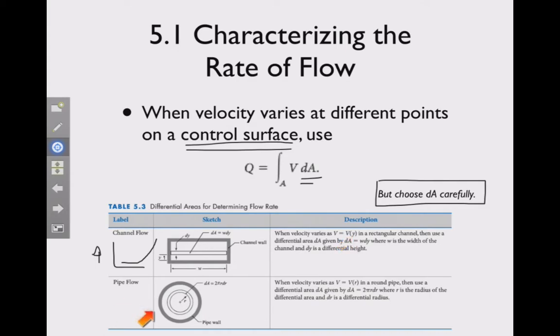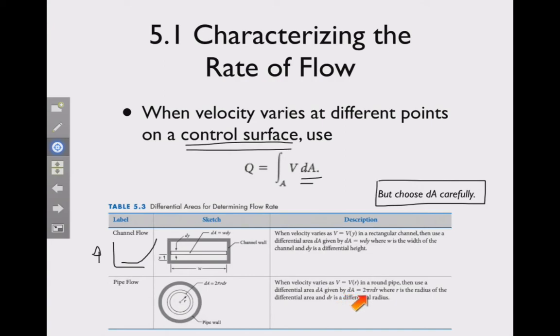Alternatively, if we have a pipe which has some sort of radial velocity variation, in this case v is varying as a function just of r, the radius of the pipe. It might be fast flow in the center, getting slower as we go out to the edge of the pipe. Then we would use a differential area dA, which is basically an annular ring.